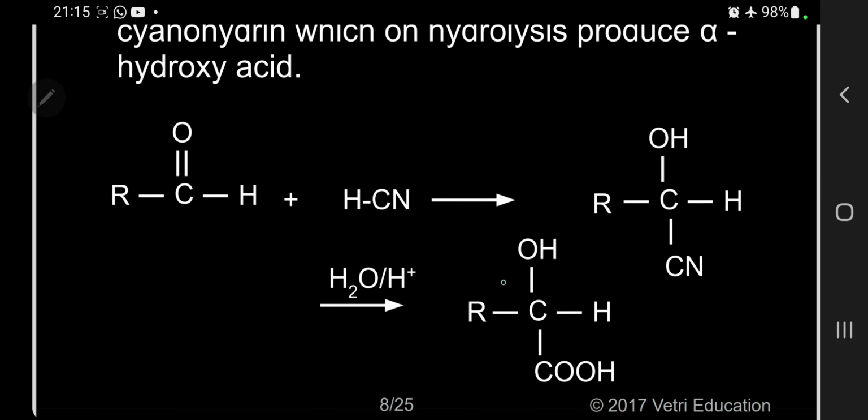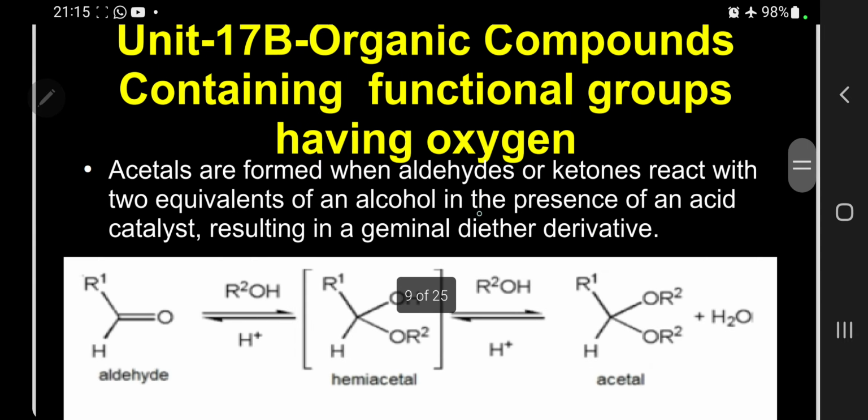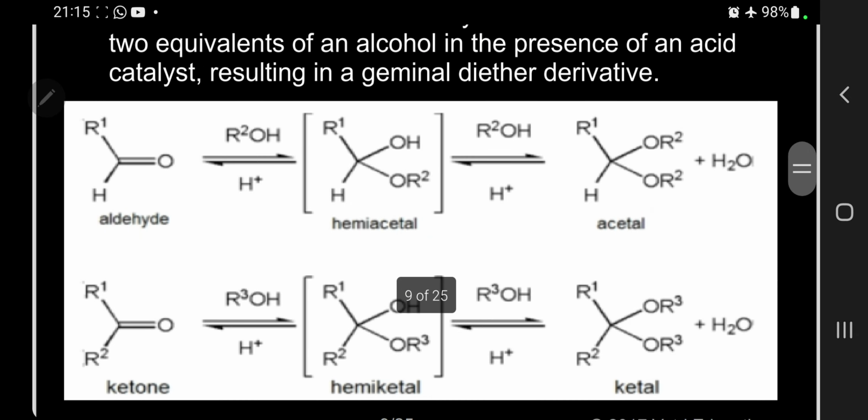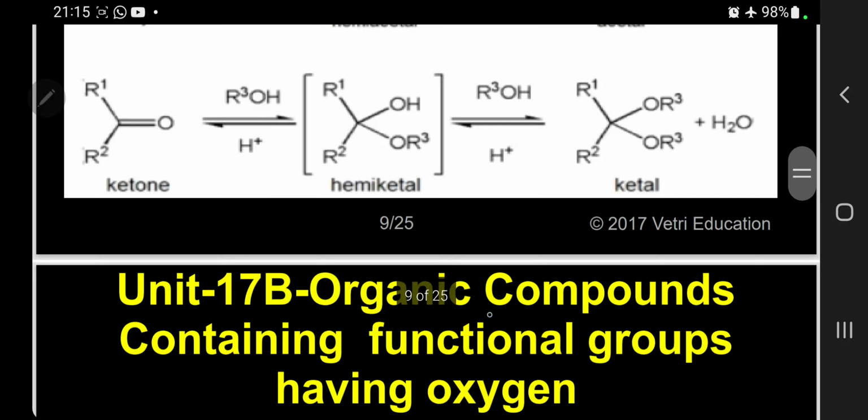Okay? The next one. This is the first one. The second case, acetal: aldehyde or ketones undergo condensation with the corresponding alcohols to give acetal. Please follow. A ketone, same way, ketone.